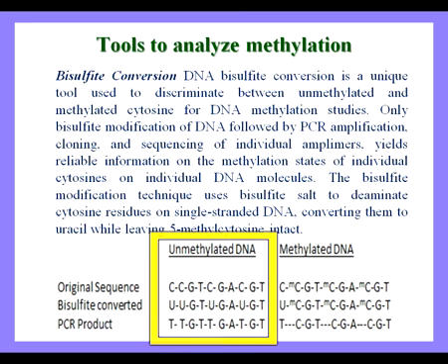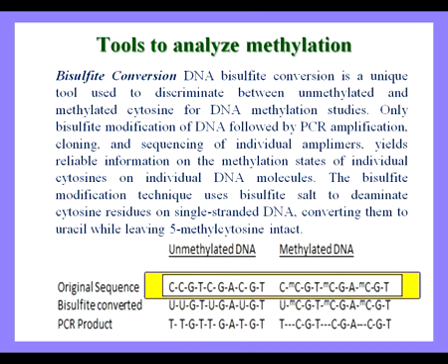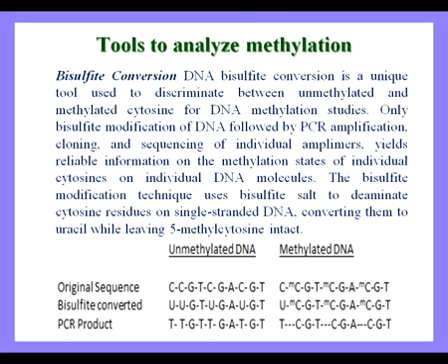You see here it is unmethylated DNA, methylated DNA. The original sequence is this, where the C, not all C, but this C, because of the CpG island, is methylated, CpG methylated, CpG methylated here.